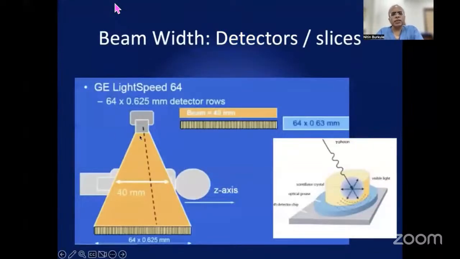So if you have 64 detectors in this direction, you will cover 40 millimeters, that is 4 centimeters. Generally, as you know, for the heart from base to apex, you will have anywhere from 12 to 14 to 16 centimeters to cover. So you may need such kind of 3 volume data sets to cover the entire heart.